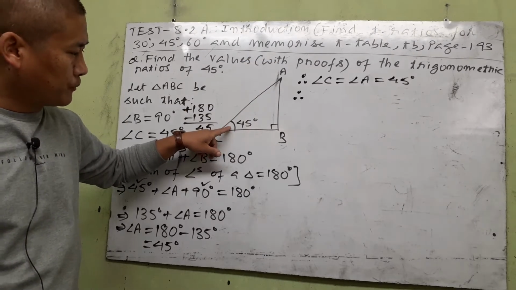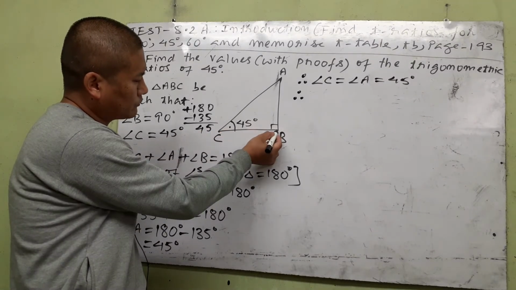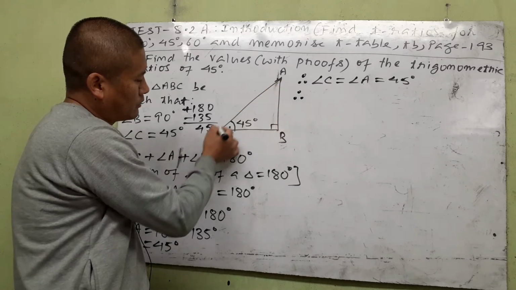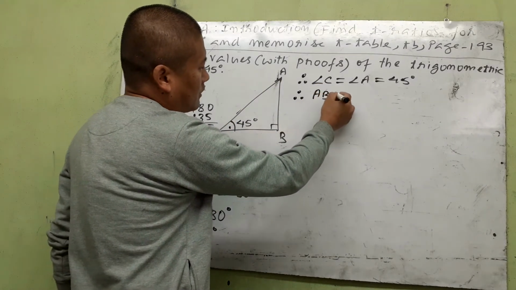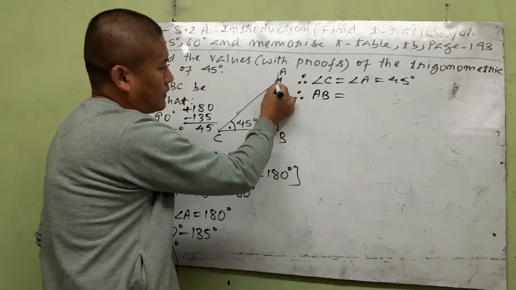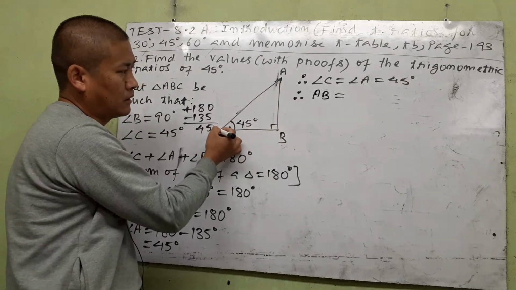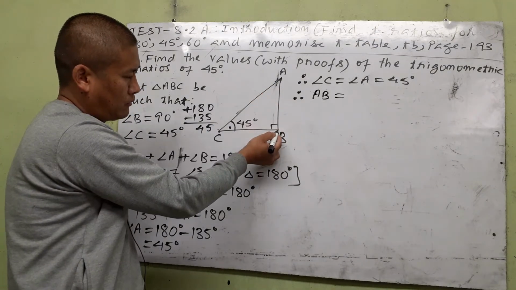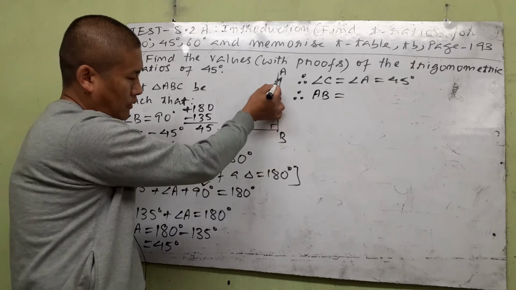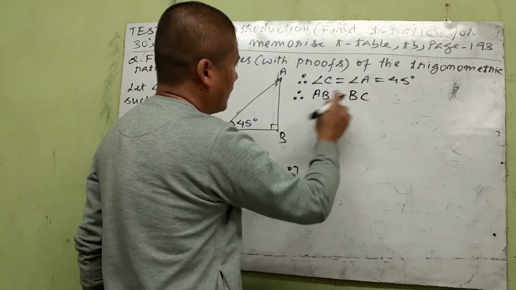Angle C means the two arms that make this angle C are CB and CA. So the opposite side is AB. Then angle A, the two arms of angle A are AB and AC, so the side opposite to it is BC.